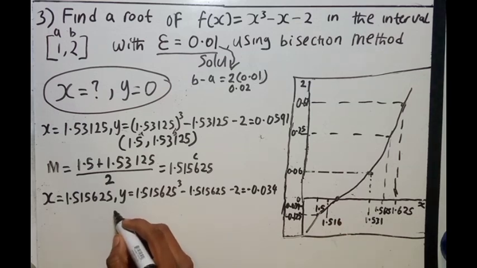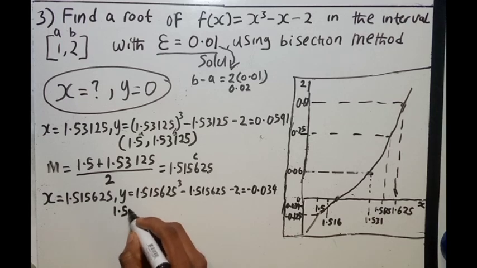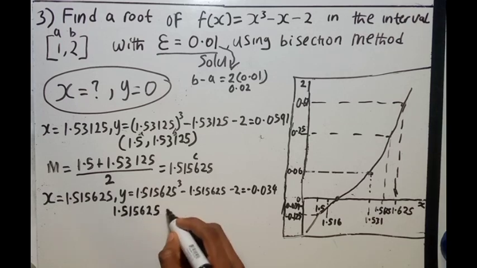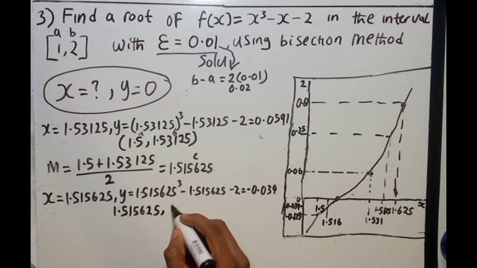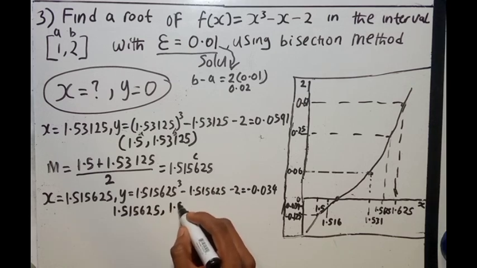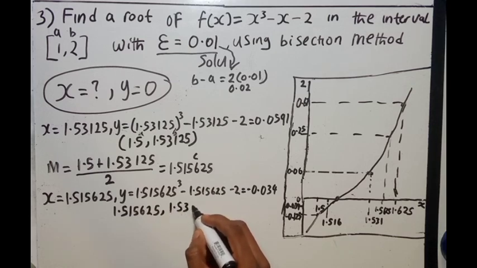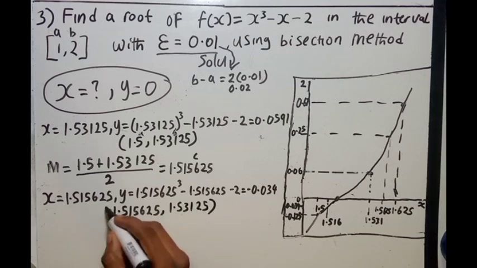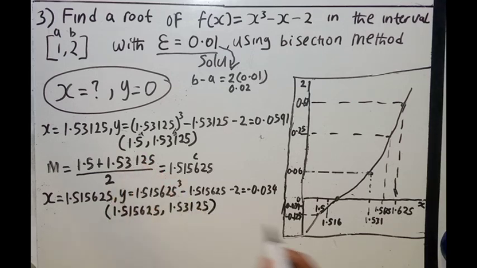Our new interval now will be 1.515625 and 1.53125. The reason why we change 1.5 now is because we have gotten a negative value.